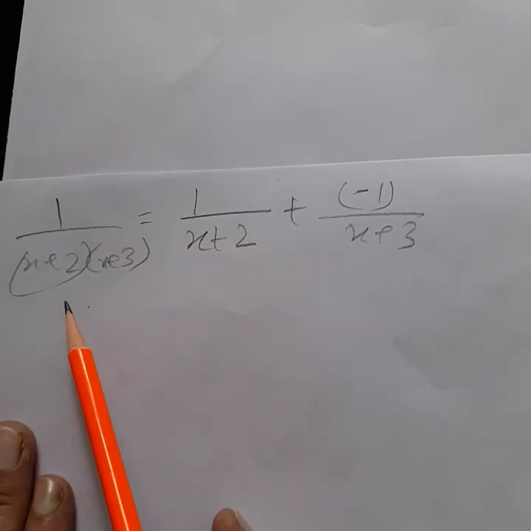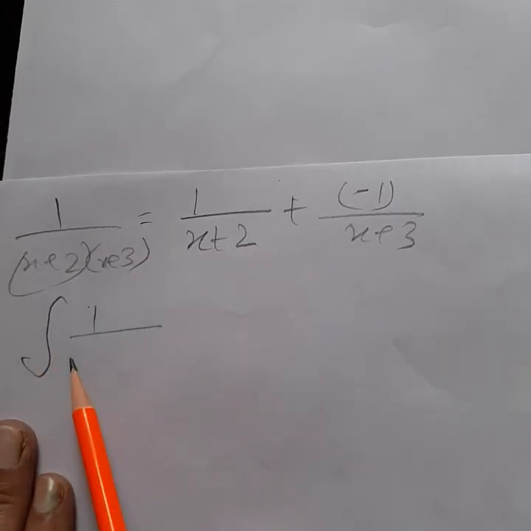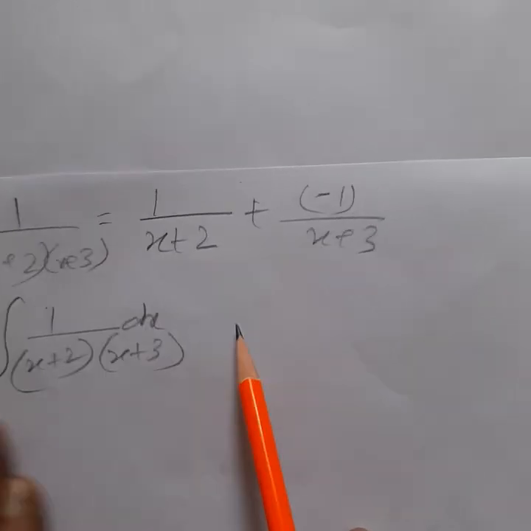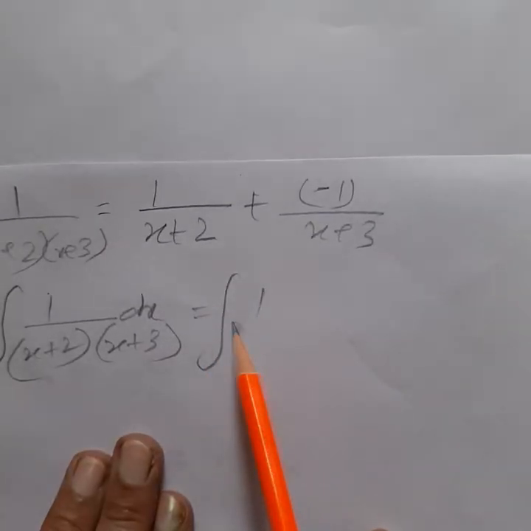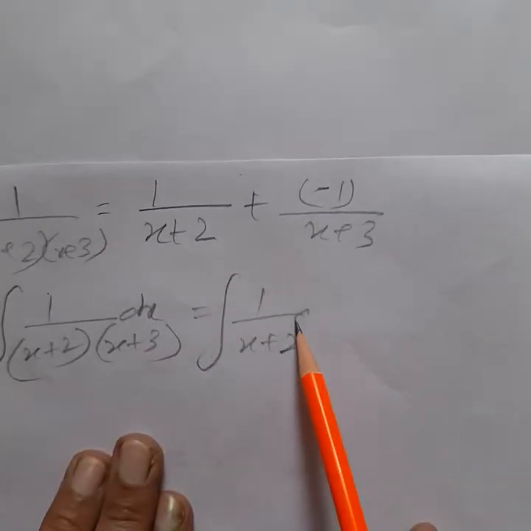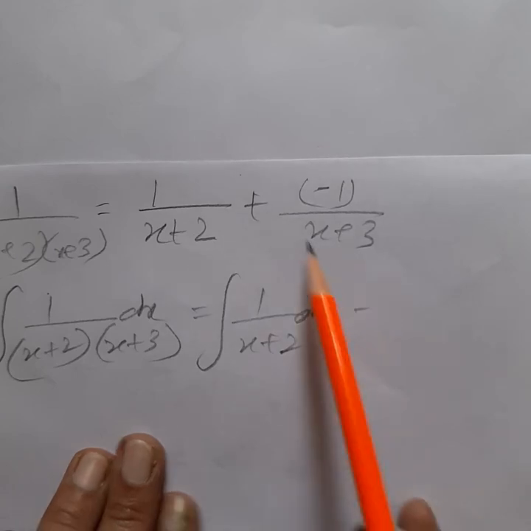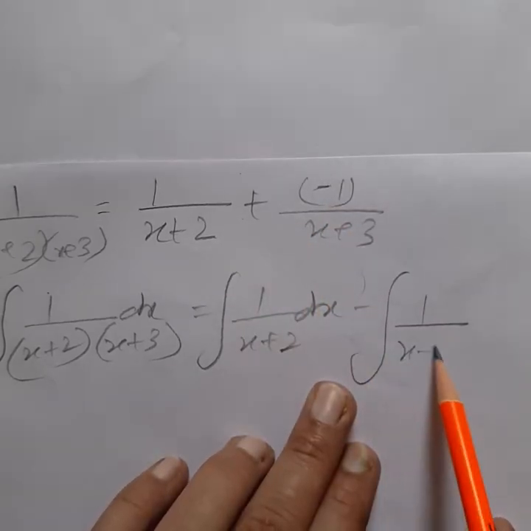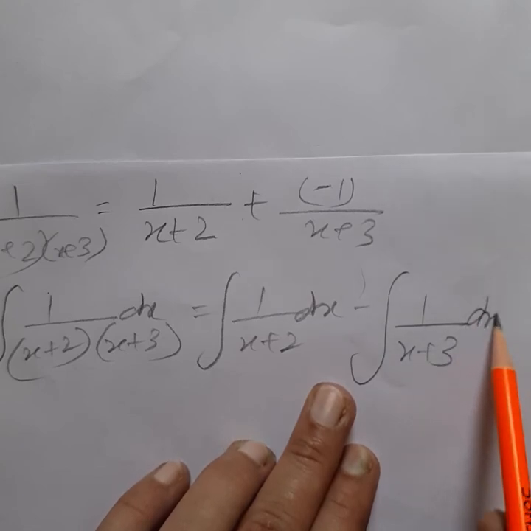When we take the integration, we write the integral of 1 over (x plus 2)(x plus 3) dx, then the integration of 1 over x plus 2 dx, plus minus is minus, and the integration of 1 over x plus 3 dx.